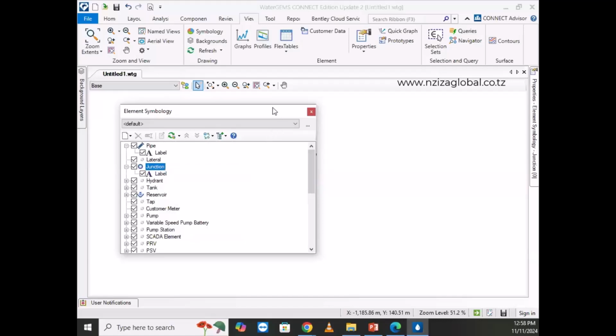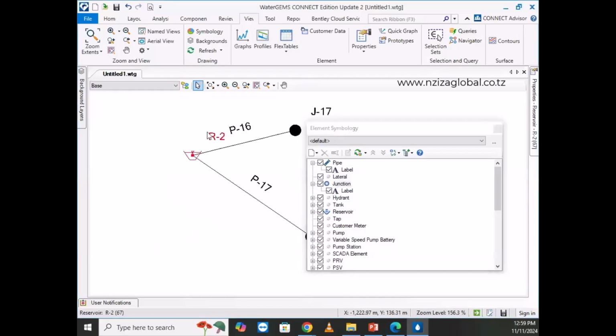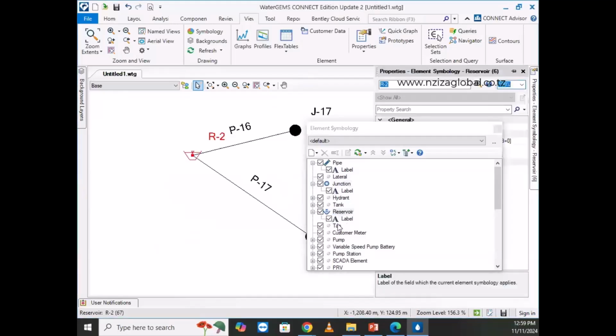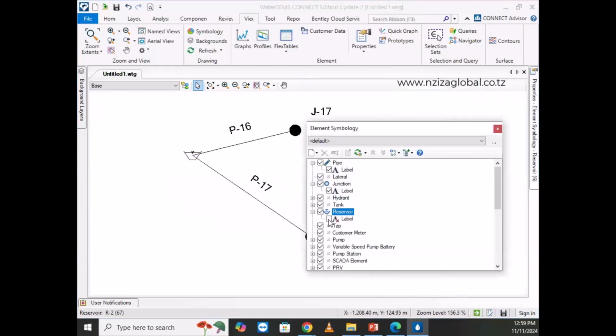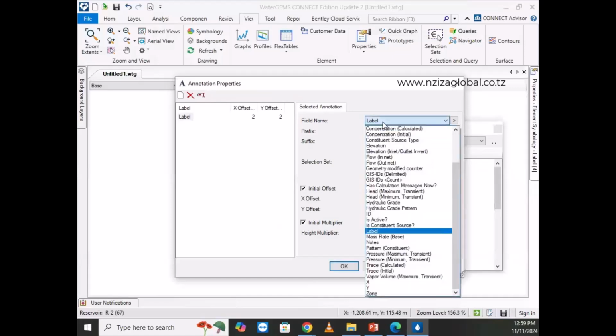So to me, you saw that on my reservoir, you are finding this label too. So there is a way. If you think that let me remove that one, you just click here to remove. It goes, or you add. You can also think of a way of changing it.